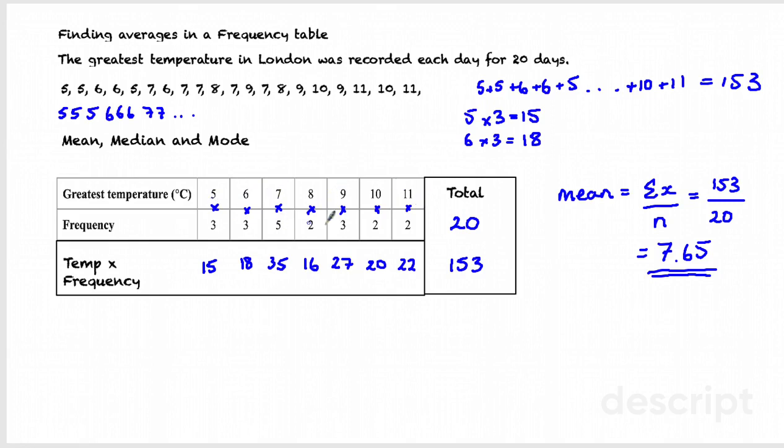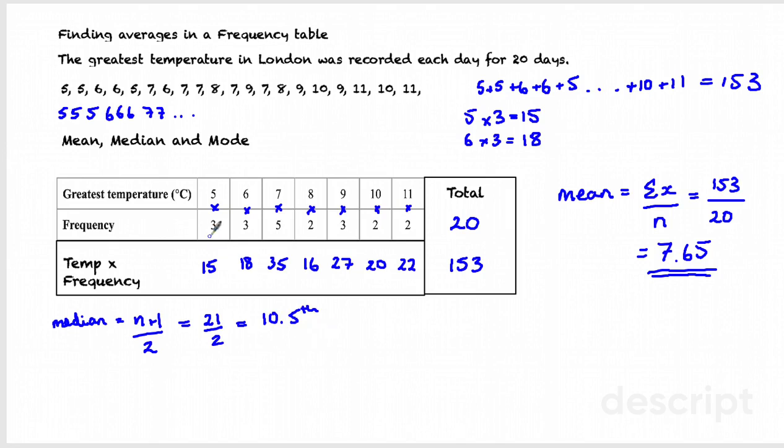I just need to find where the middle number is. So for the median, I'm going to take n plus 1 and divide it by 2. In this case, n was 20. Add 1 is 21 divided by 2. That's going to be the 10.5 number. Now that's not my median, that's where it is.